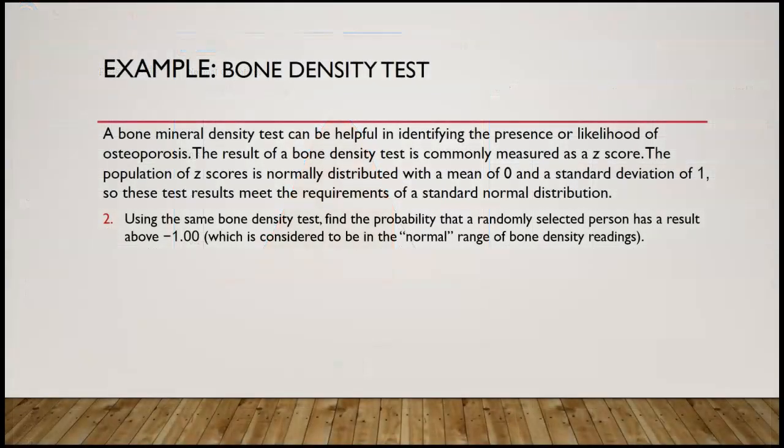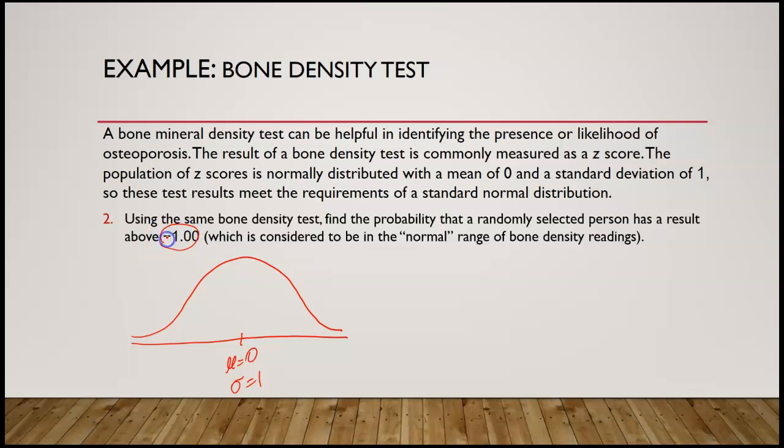Now let's do the next part. Using the same bone density test, find the probability that a randomly selected person has a result above negative 1.0, which is considered to be in the normal range of bone density readings. Let's first draw a diagram of what we're looking for. Here's our standard normal distribution with the mean of 0, standard deviation 1.